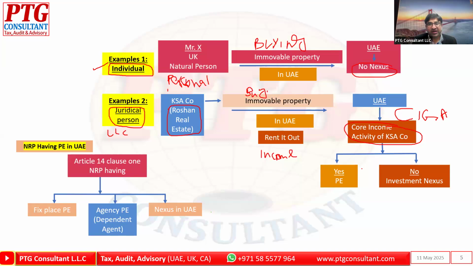If it is SIGA, then we have to see: if yes, PE; if no, investment, nexus. Juridical person, if it is a core income generating activity, then it is a PE. But if it is not their core income generating activity, then it would be investment.